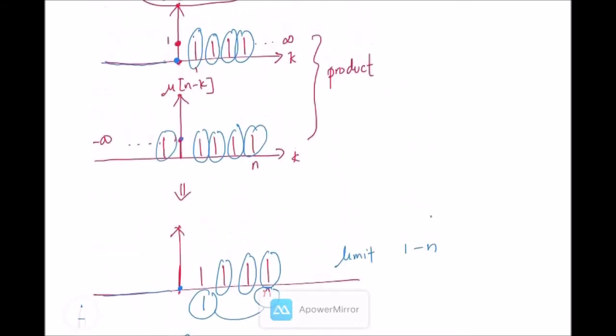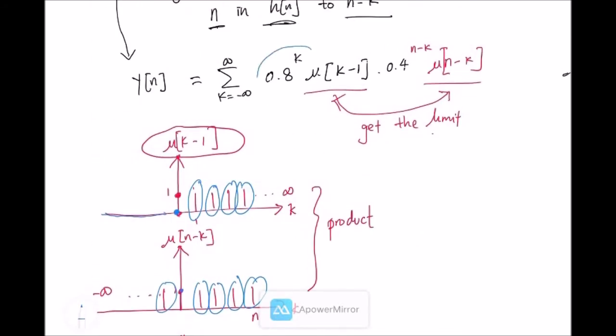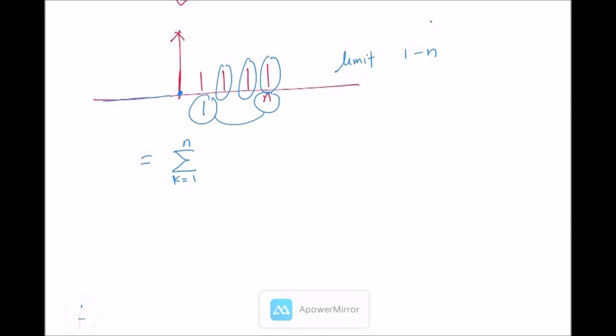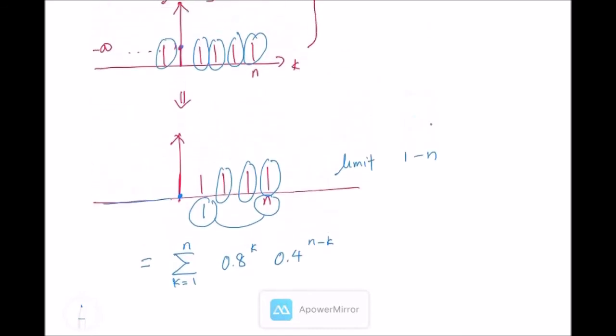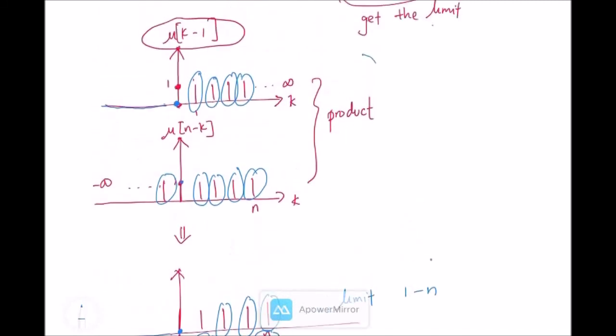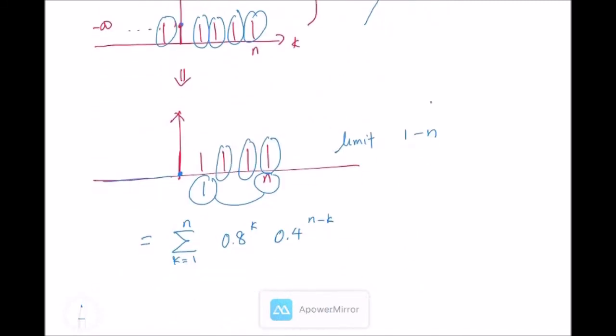And then you continue the value just now. You have 0.8 power of k and 0.4 power of n minus k. The product of these two graphs results in these limits, and the amplitude is 1.